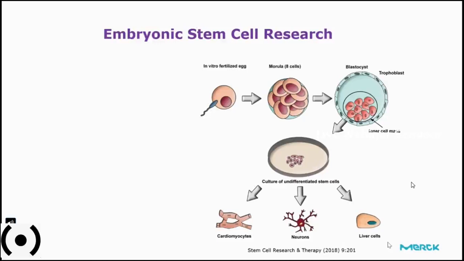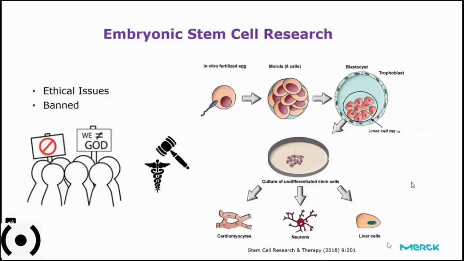So we are actually sacrificing the embryos, right? And that's why there are a lot of ethical issues in using human embryonic stem cells. And this is banned, right? So we cannot use embryonic stem cells as such for our research because of various ethical issues.